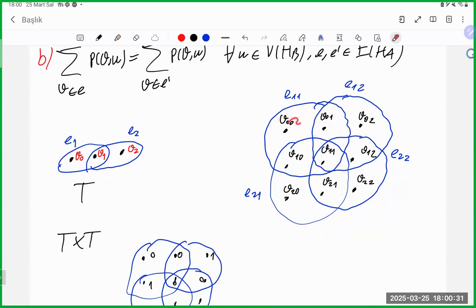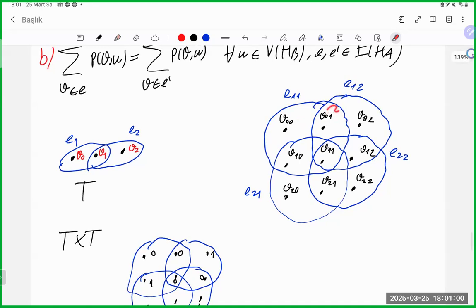Here Alice measures her first measurement, and here Alice also measures her first measurement, but the only difference is that Bob changes his measurement. So Alice should not notice that change in her probability distribution.